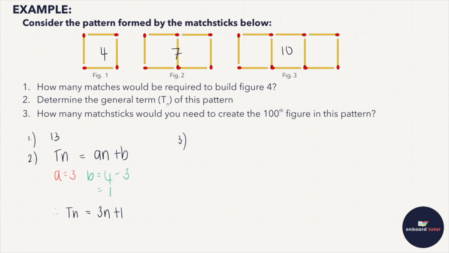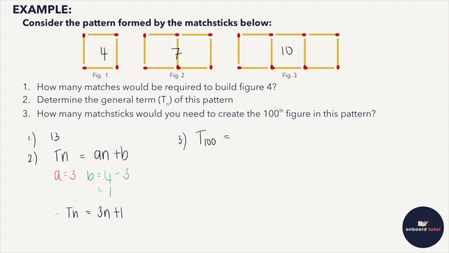And then finally, they say, how many matchsticks would you need to create the 100th figure of this pattern? So in other words, what they are asking is not, will you use 100, or which pattern uses 100 matches? No, they're saying, how many matches to create figure 100? So they are asking us for T100.